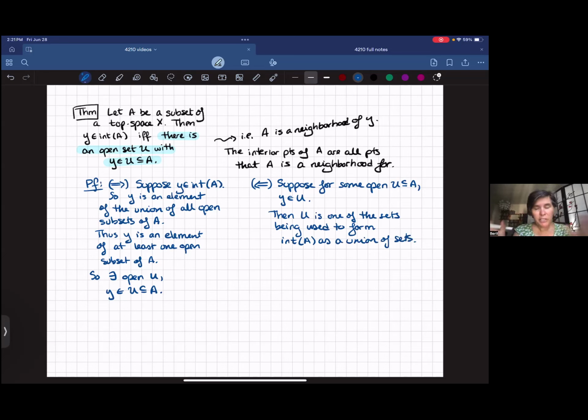So if I have a whole bunch of sets and I union them all up, well, each one of them individually is a subset of the union, right? And so U is a subset of the interior of A.